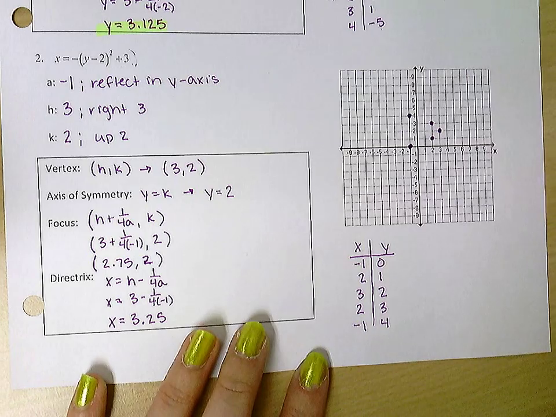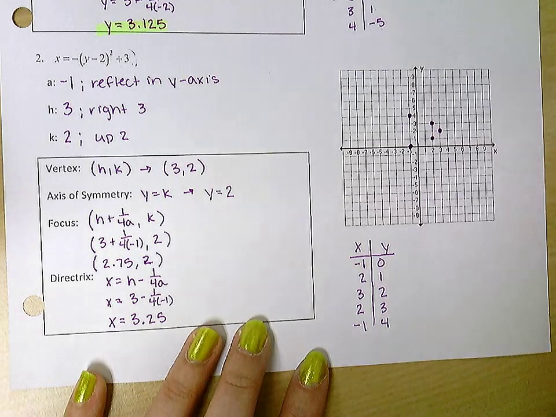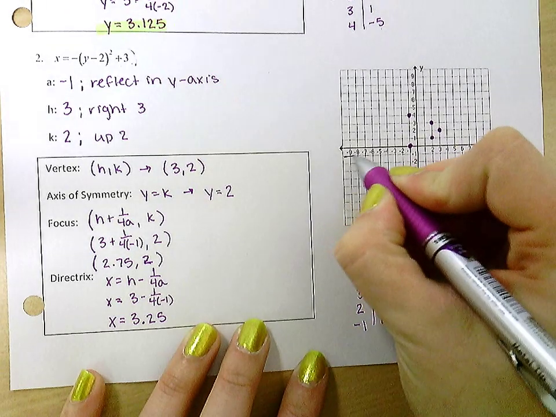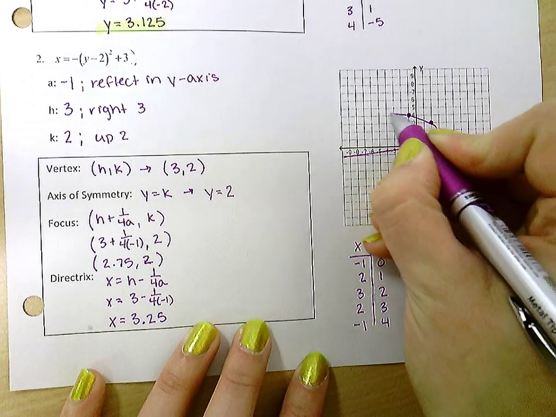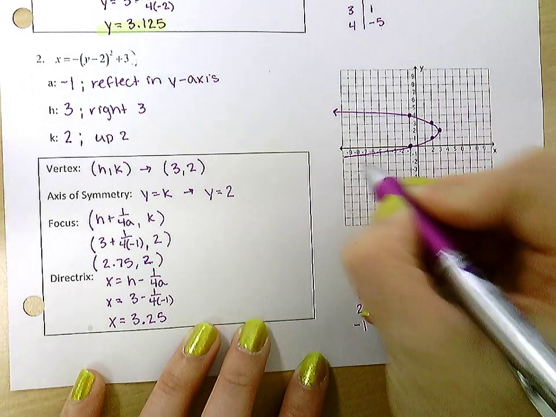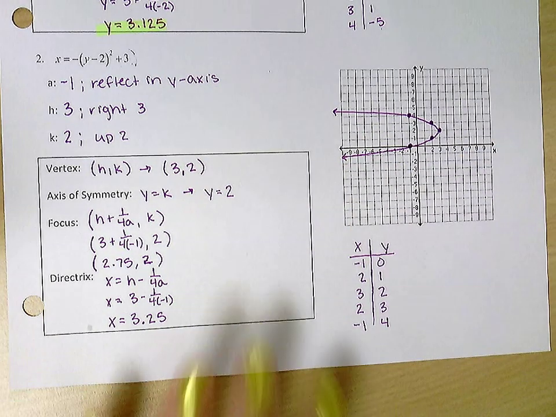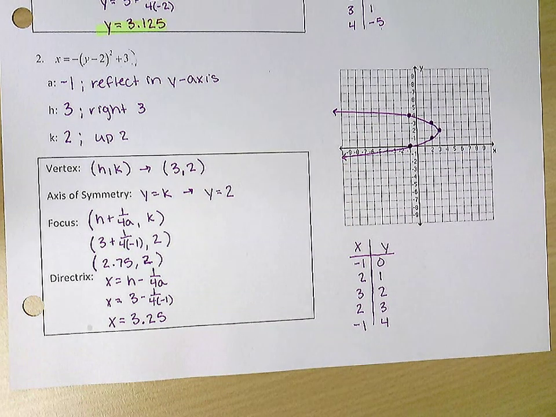This is going to open to the left. It is opening to the side here, not up and down, to make that parabola. When you have an x equals parabola, it opens left or right, not up or down, and that's when you want to plug in y values, not x values, into your equation.